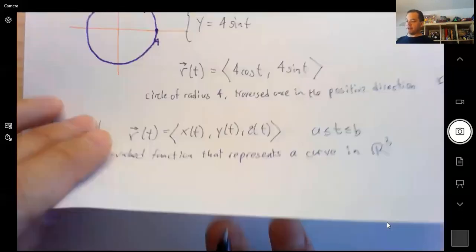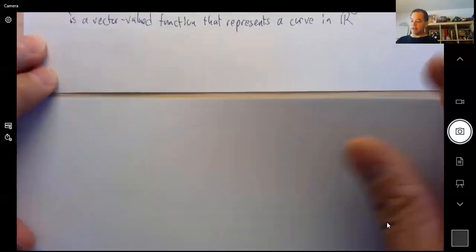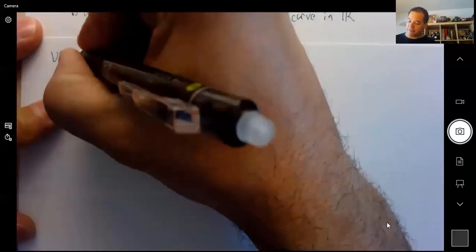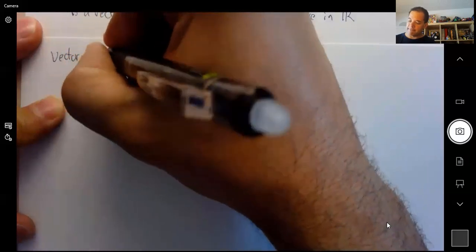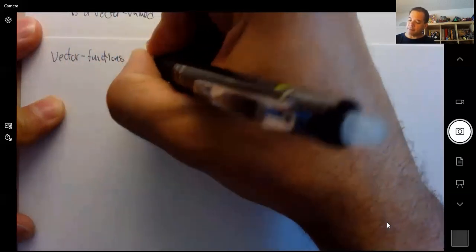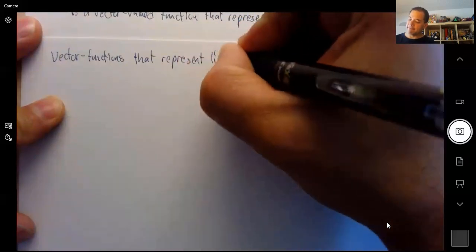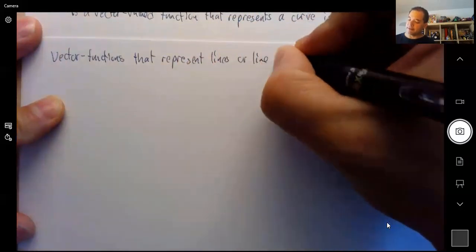This time, instead of parametric equations, we want to learn how to do vector equations, so vector functions that represent lines or line segments.